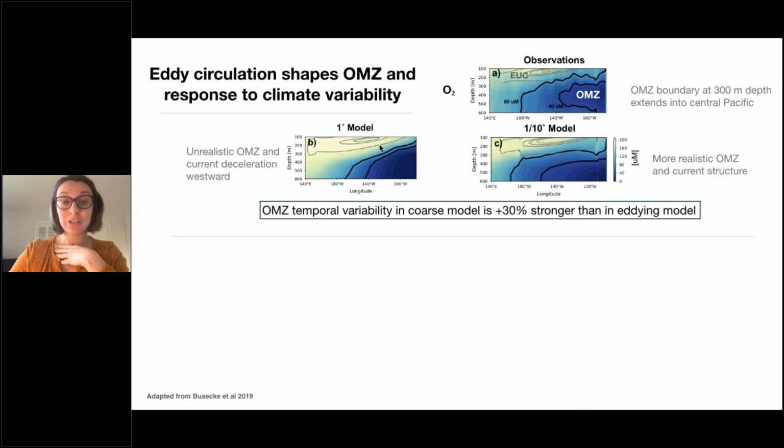And an unrealistic representation of the current, which is that gray contour that decelerates eastward, which is not the case in observations or in the higher resolution model. And an important thing that I want to emphasize here is that the temporal variability of the oxygen minimum zone in that coarse model is 30% stronger than in the eddying model, meaning its response to ENSO, El Nino, and climate variability.